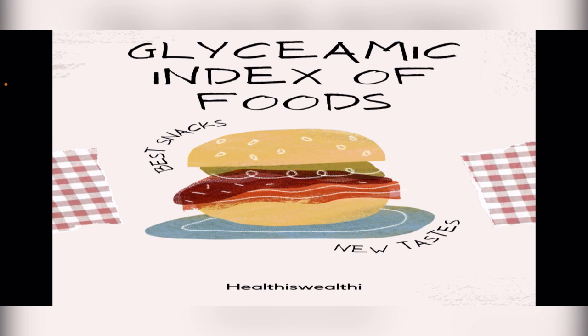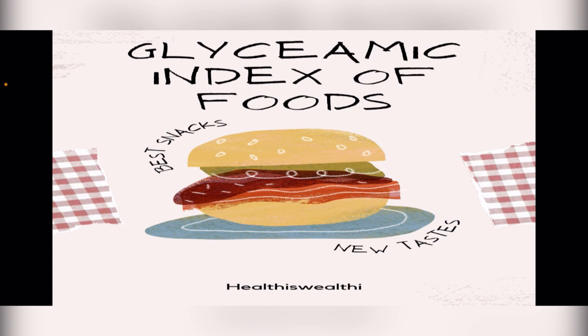Limit refined grains like white bread, white rice, and crackers. Limit processed foods such as those that come packaged in bags, like hot dogs, potato chips, frozen pizza. Make sure you read the label of foods. Check your serving size.